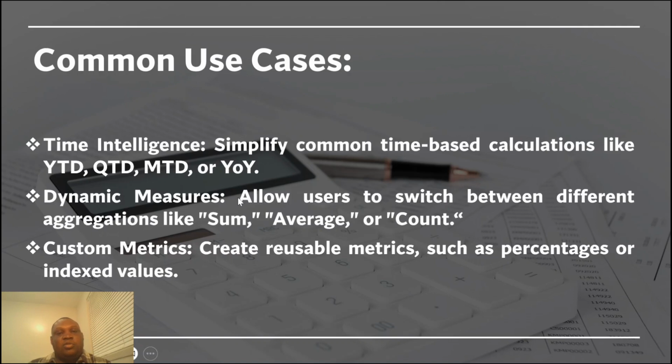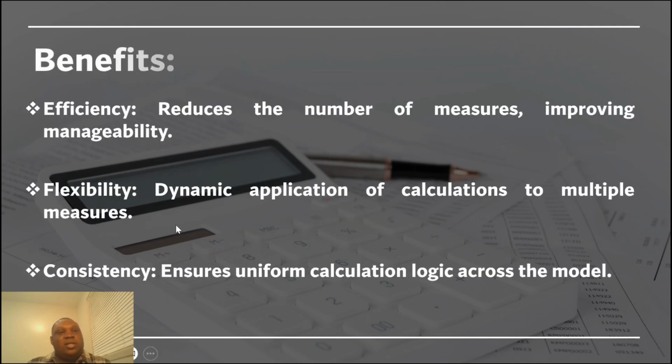For example, you might want to create a calculation group that allows you to switch between different aggregations like your sum, your average, your count, your distinct counts, and different kinds of aggregations that you can think of, right? Custom metrics. Now with calculation group, another example is that you might want to create reusable metrics such as percentages or index values.